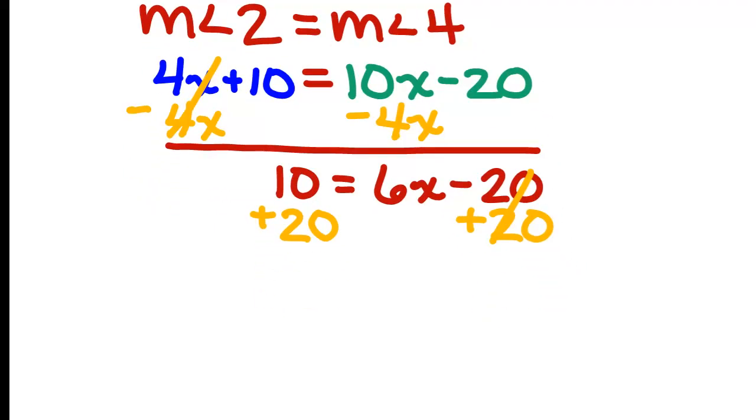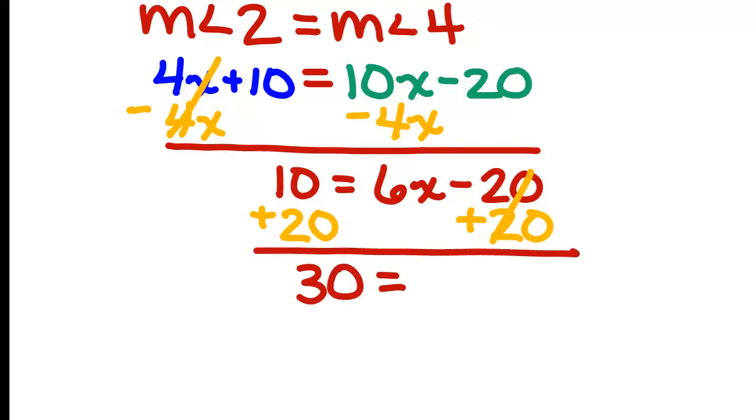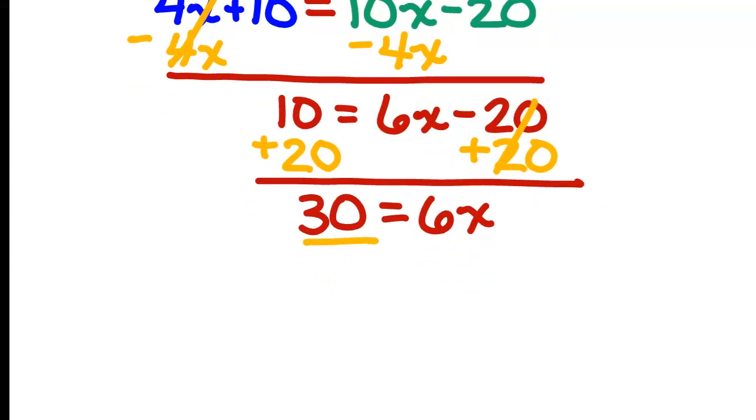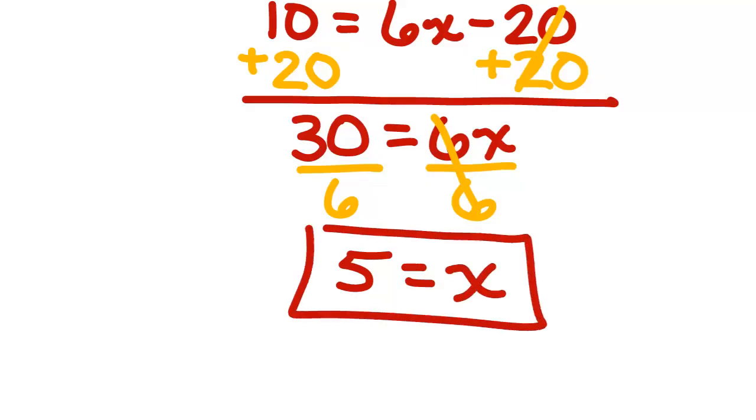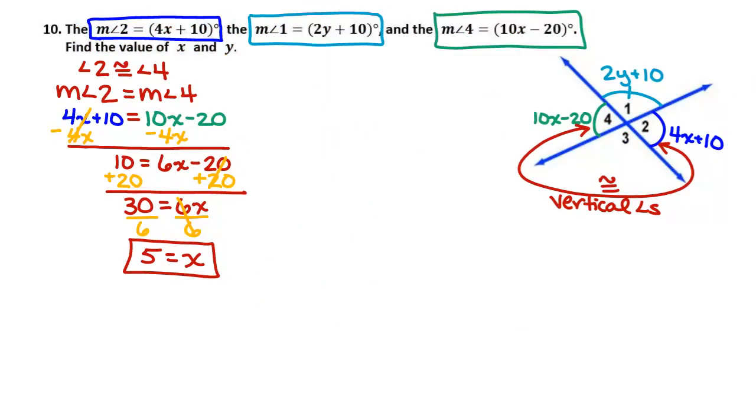What is 10 plus 20? 30. So 30 equals 6x. Then we divide both sides by 6. Does 6 go evenly into 30? Yes, 5 times. 5 equals x. That is the first thing that they asked me to do here.